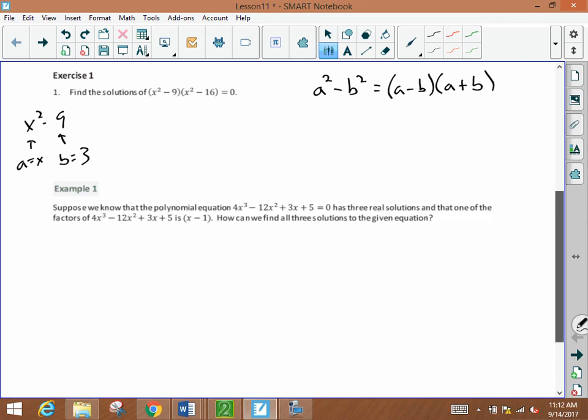So then I can factor this piece as x minus 3, x plus 3. And then the x squared minus 16, my b in that case is 4, right? So this becomes x minus 4, x plus 4. And there we go. We've got it completely factored.